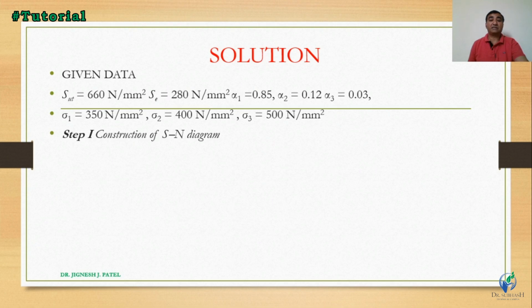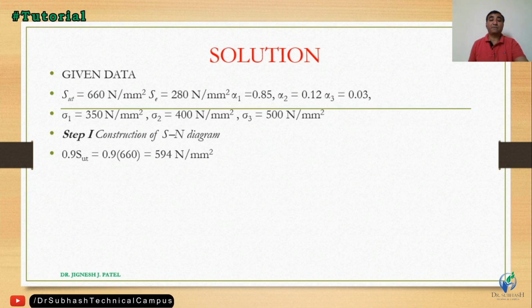Let us find the different values to construct the S-N diagram. First we have to find 0.9 SUT. The value of SUT is 660, so 0.9 SUT is equal to 594 Newton per mm square. Now find log 0.9 SUT, which is equal to 2.7738.